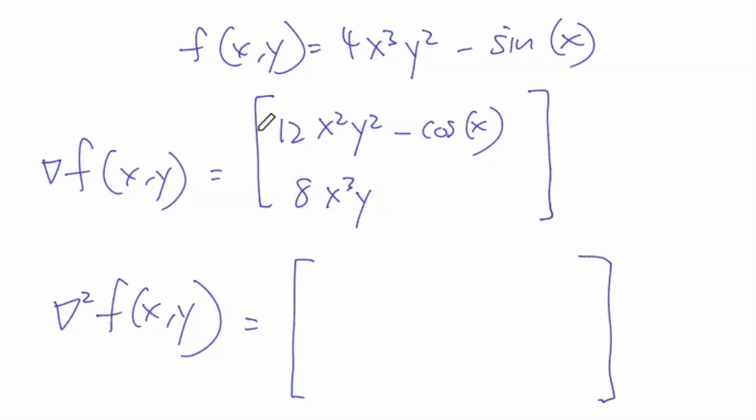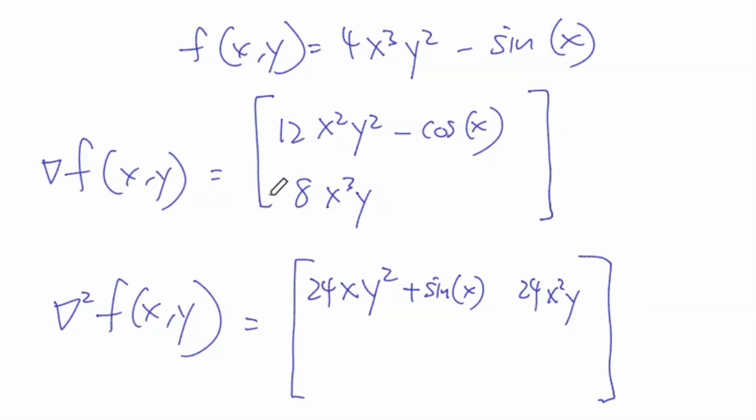Firstly, you derive the first entry again over x: 12 times 2 gives 24 x y squared, minus, you derive the cos x, you get plus sin x. Then you derive it over y: x squared becomes x, y squared becomes y, so you have 24 x squared y, and minus cos x gives 0, because this variable is x, not y.